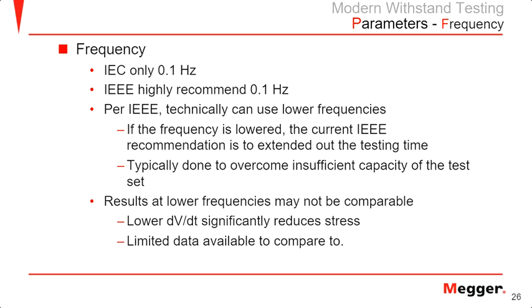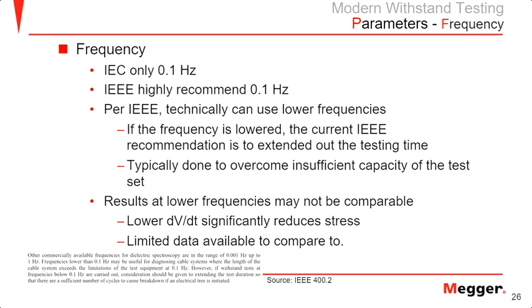But in that case, you will have very limited data to compare to, because there are not very many results that you can compare that to. And this is again sourced from IEEE 400.2, what happens when you lower the frequency. That is just an abstract from the standard itself.